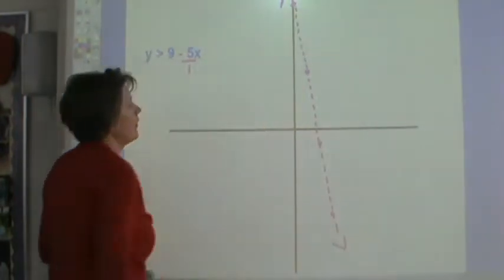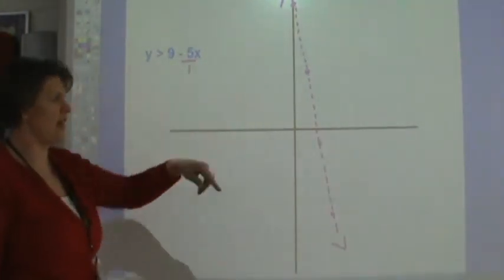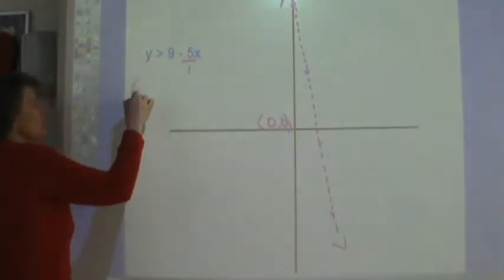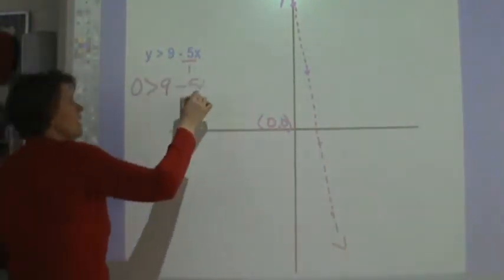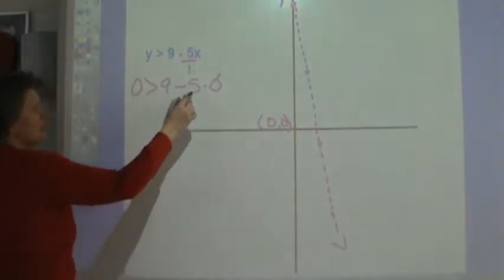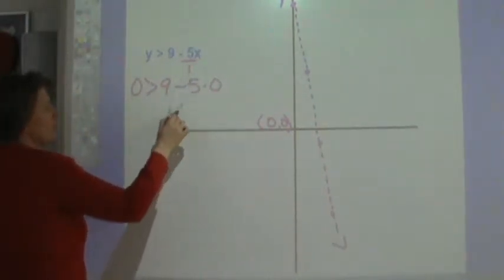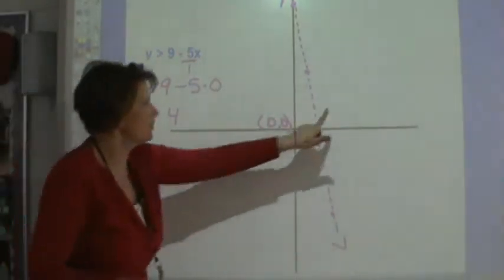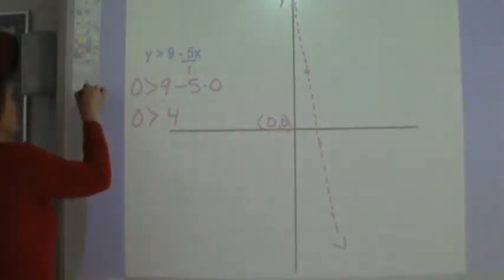Okay. And then we have to test to see which side we're going to shade. So again, let's test the origin, because it's not on the line. We can do that. So if y is 0, x is also 0. 5 times 0 is 0, and 9 minus 5 is 4. Is 0 greater than 4? Nope. So I'm going to shade the other side of the line.